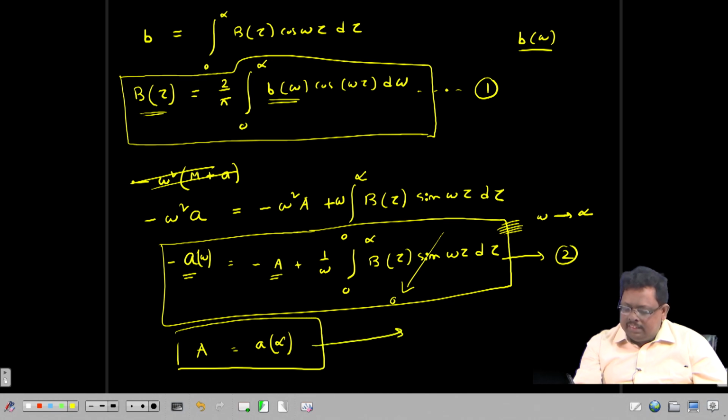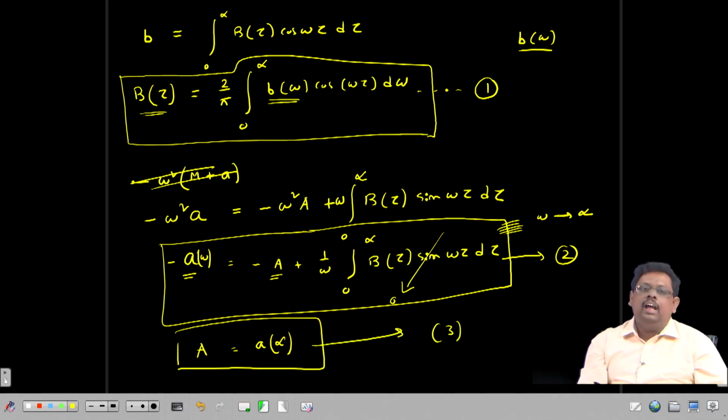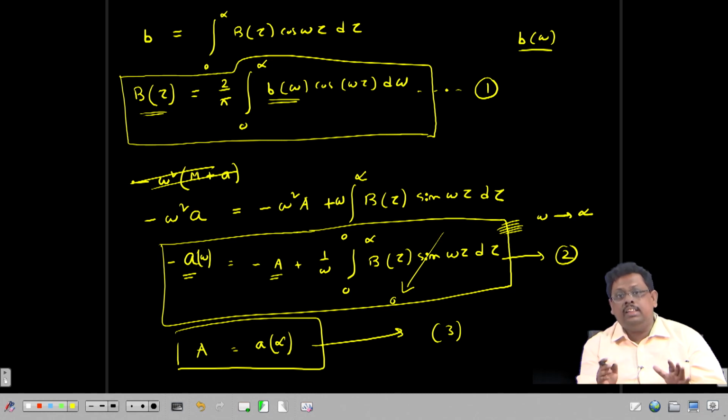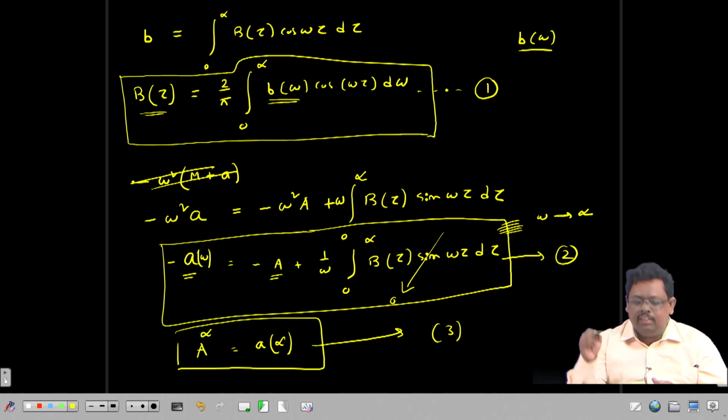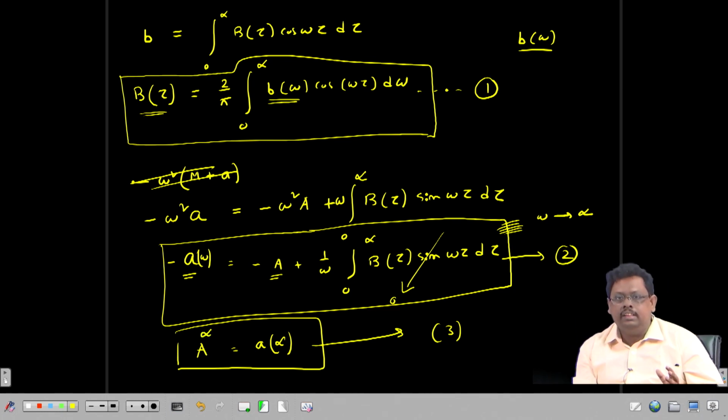This equation 3 is what you are going to use, and that is why in the impulse response function this A is not frequency dependent; we call it the infinite frequency added mass.